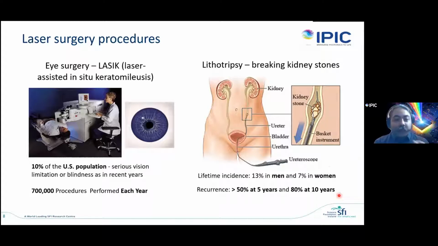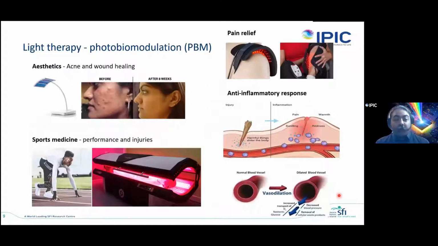In this case, we would have light therapy, which would modulate the metabolism of several tissues. We call this photobiomodulation. Photobiomodulation is used for many applications, including aesthetics, so for example, acne and wound healing. Here you see that the results after photobiomodulation are amazing.